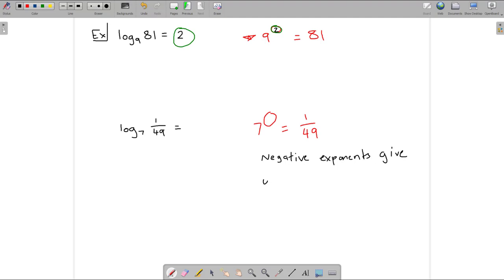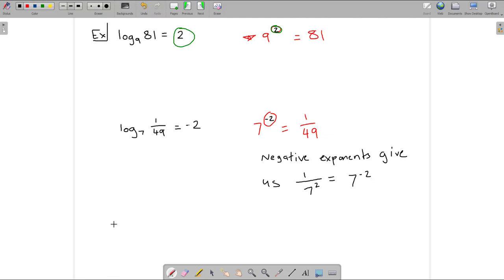Well, 7 squared is 49, so I'm looking for 1 over 7 squared, which is 7 to the negative 2. So in this case, our answer is negative 2, meaning that log base 7 of 1 over 49 is negative 2.